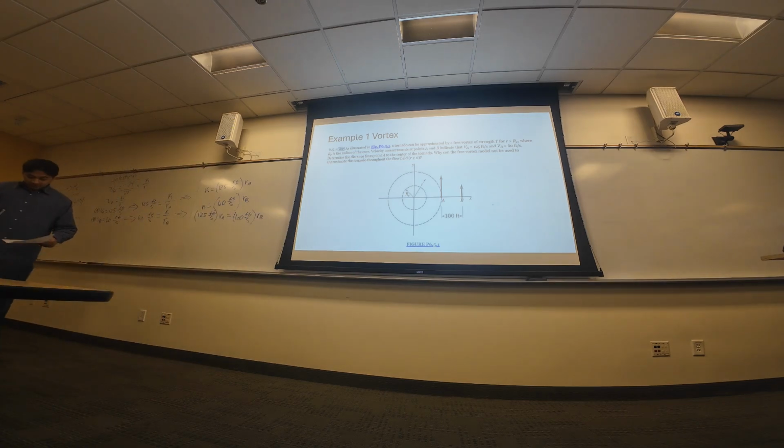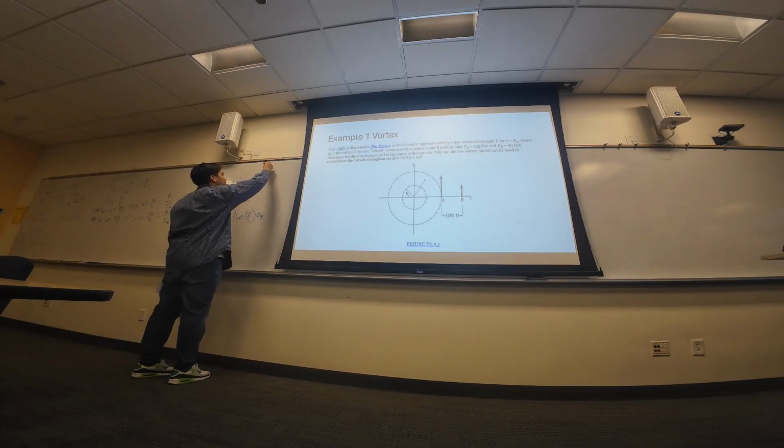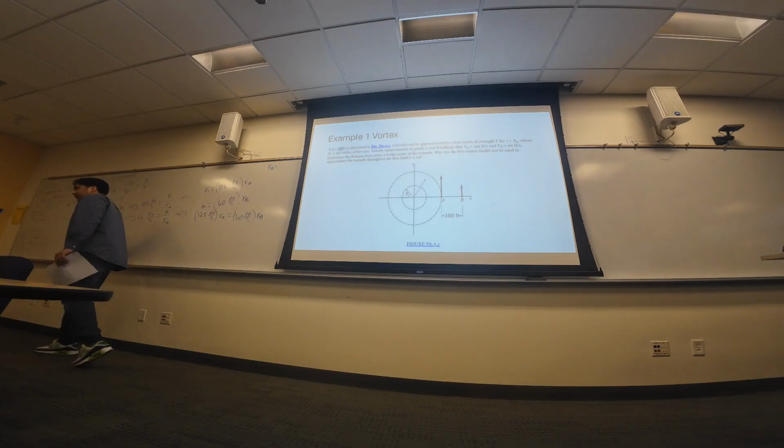Okay, set those two equal to each other. And then you notice, given in our problem, RB minus RA is 100 feet. Looks like a V. Let me fix that.